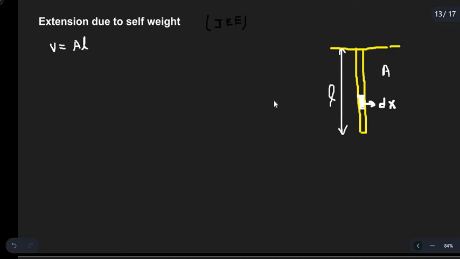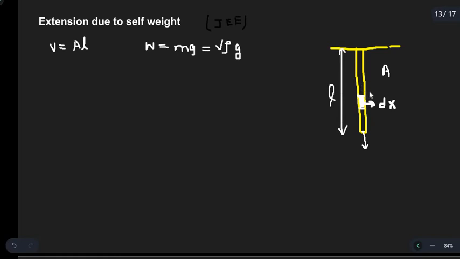So for this point, there will be a downward force due to its weight, that will be mg. What will be the weight? Weight will be mg, and mass is volume into density. So weight is volume into density into g.